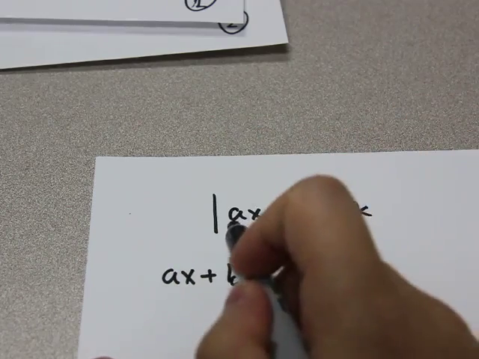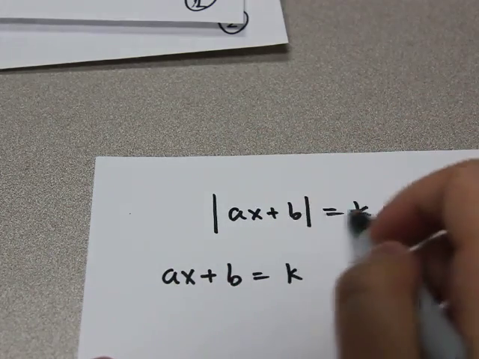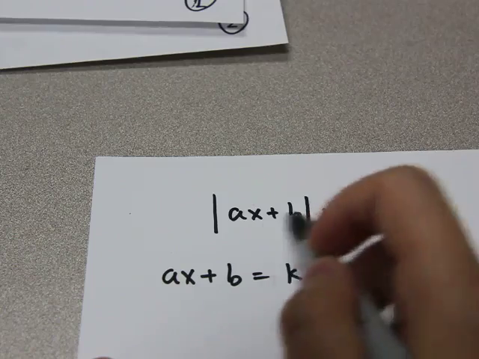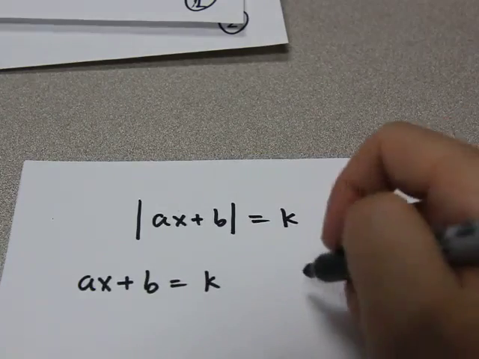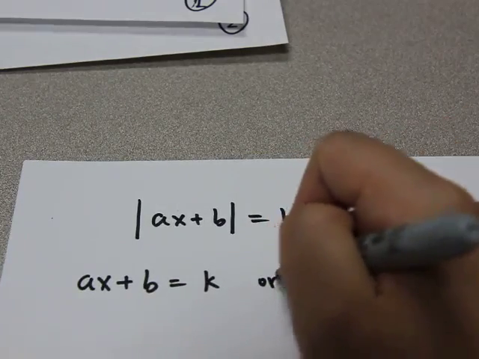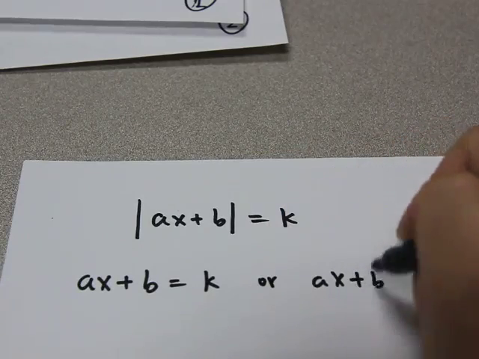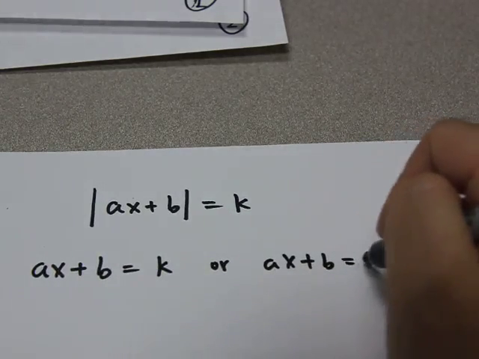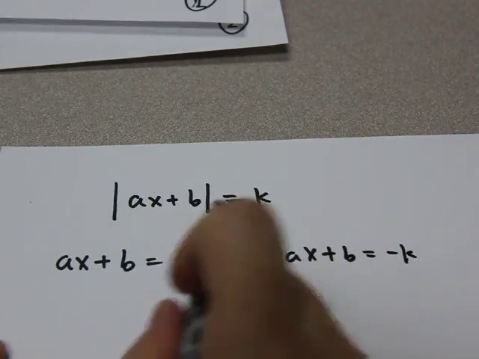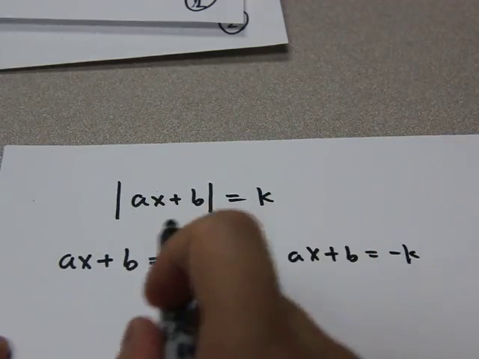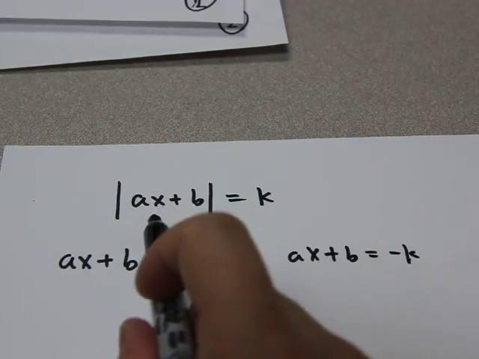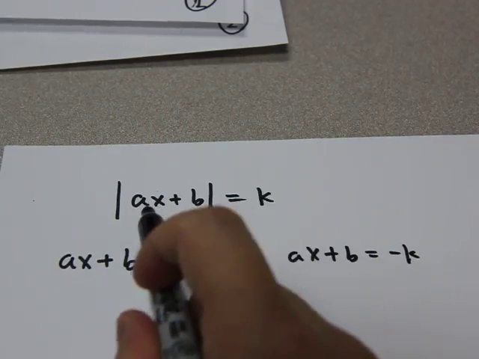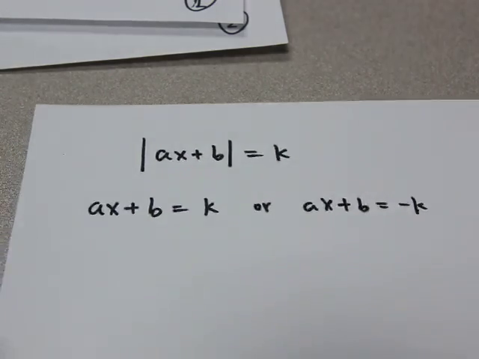So that means these two numbers are the same. They are both positive numbers. Another possibility is ax plus b equals negative k. So that means these two numbers are opposite. Right? So one is a negative number, and this is a positive number.